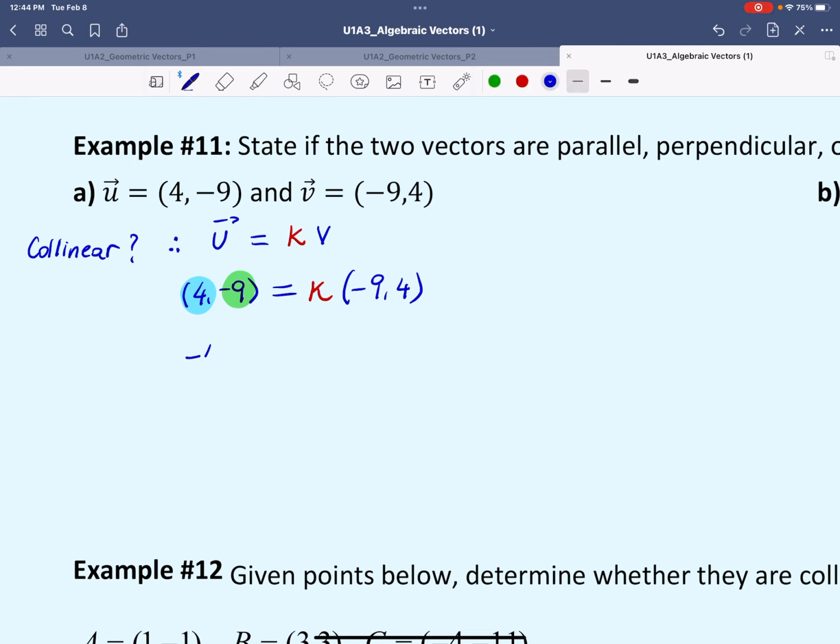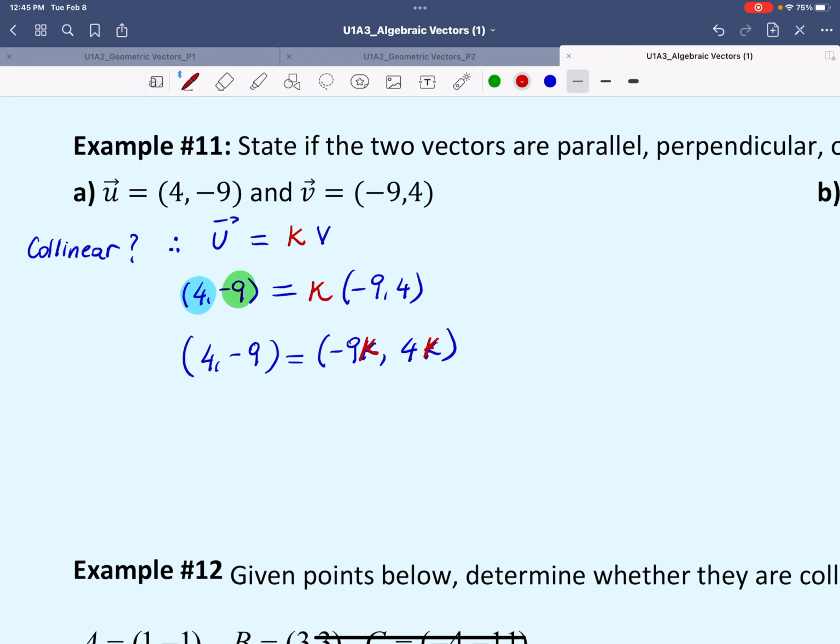So 4, negative 9 must equal negative 9k and positive 4k.